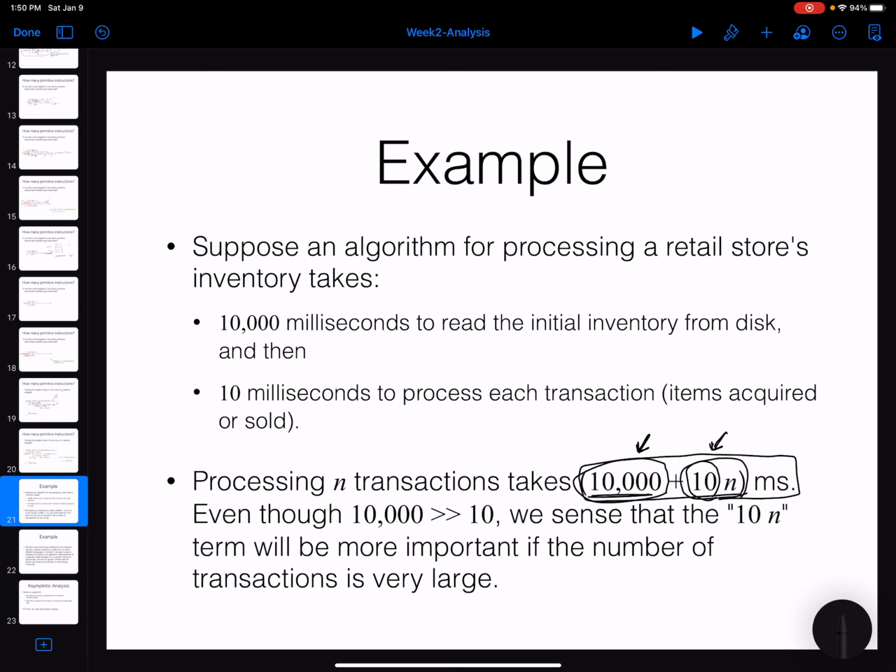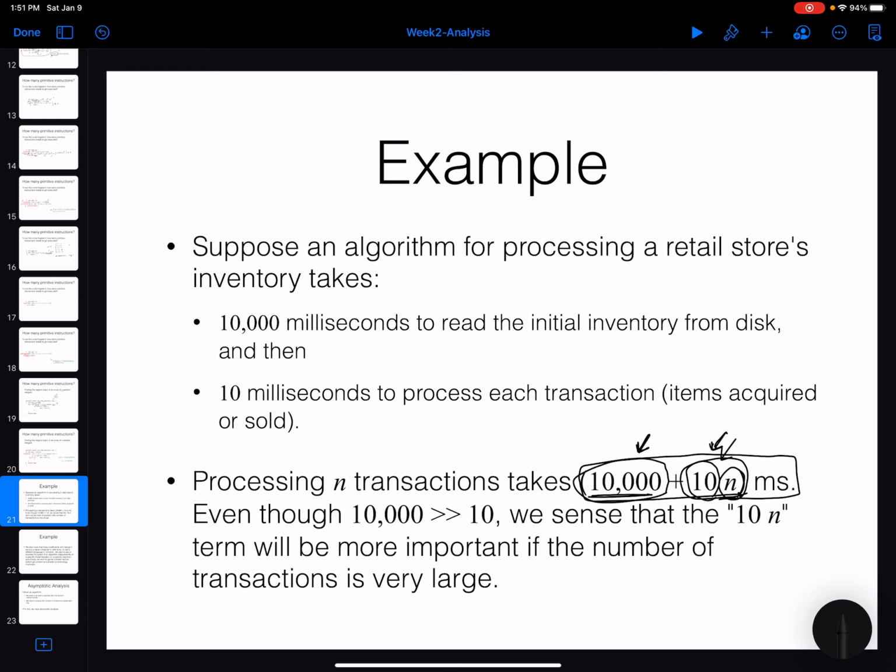In your new computer, this coefficient is going to be less, but you are not really changing n. The number of transactions is something that you cannot touch, right? So it will be important to have this fact that this algorithm is going to take a linear amount of time in terms of the number of transactions that it processes, okay?